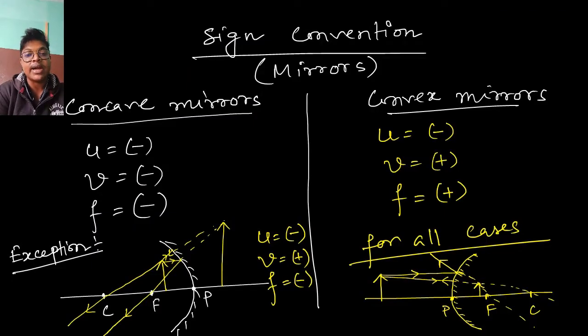Now let's talk about the convex mirror. The convex mirror is one kind of diverging mirror. So for all of the cases, wherever you place the object, at any point on the principal axis, or at infinity as well, every time the image will form on the other side.